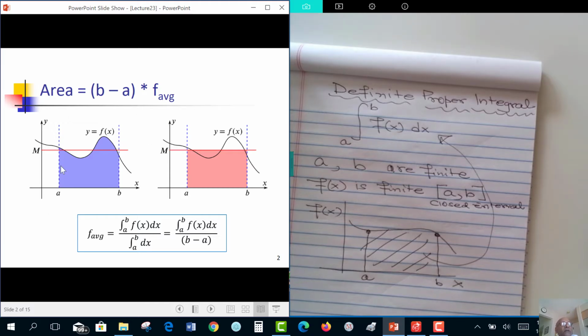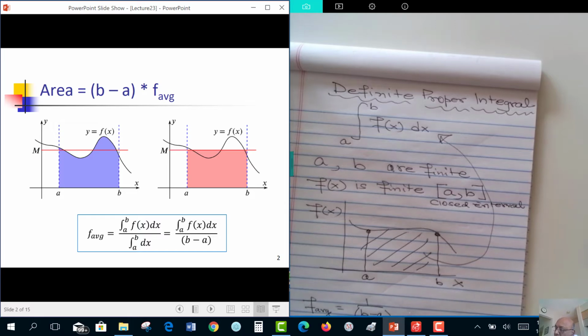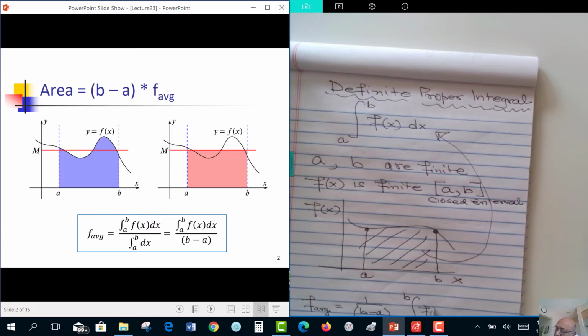So one way of thinking, instead of areas, is that integration is basically finding averages. Once you think that we are trying to find the average by integrating, we are just normalizing by width and then integrating the function. So when we divide the area by this width, this interval, we get an averaged function value.